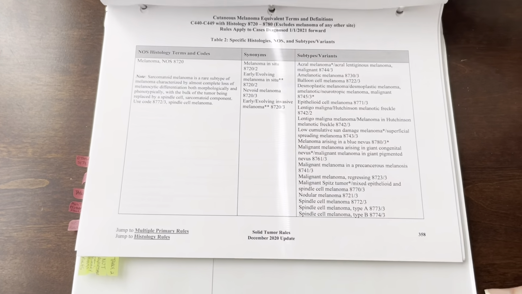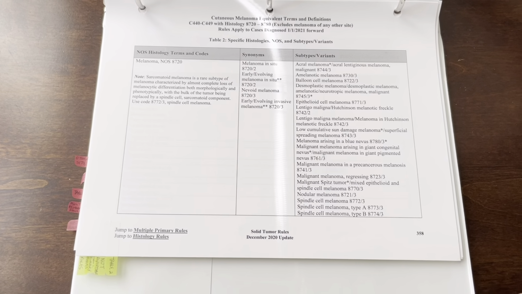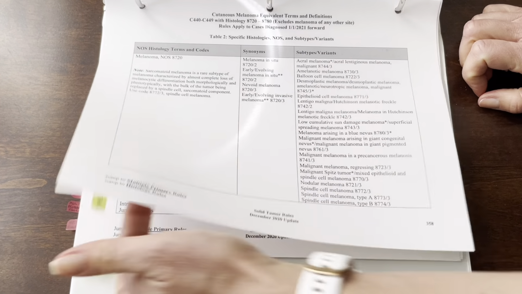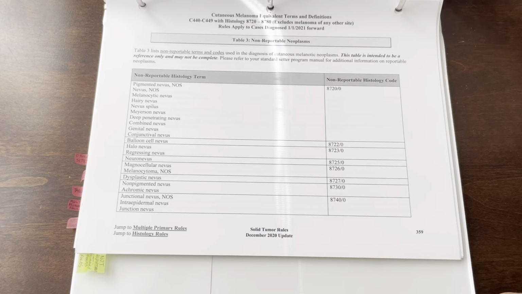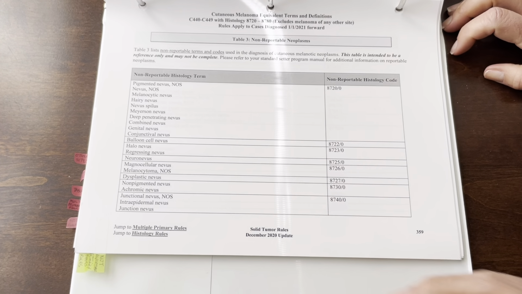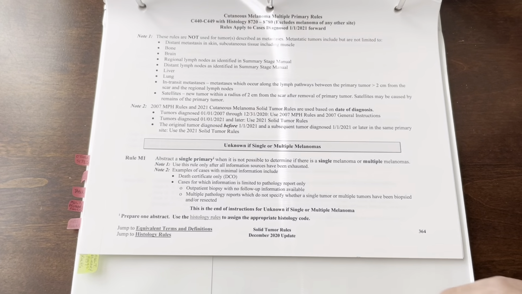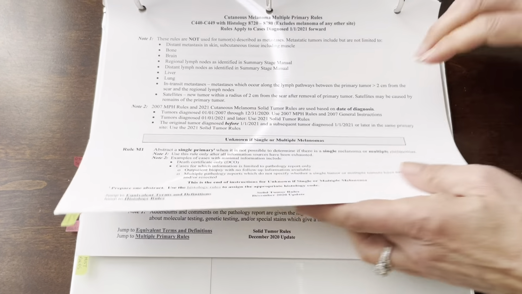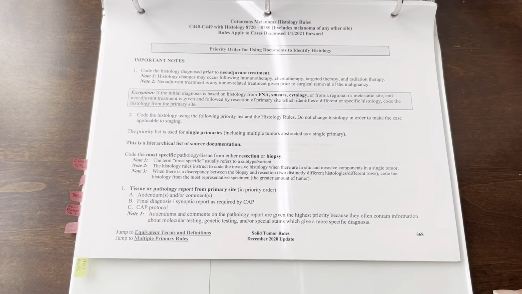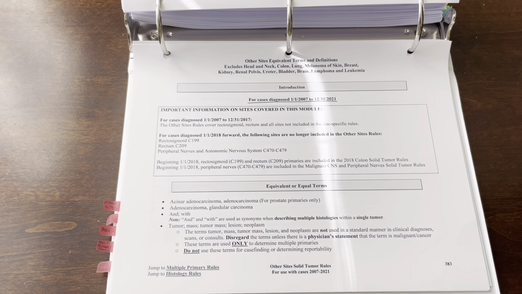I also tabbed Table 2, which gives you your histologies. I tabbed the terms that were not reportable. And then multiple primary rules and histology rules.